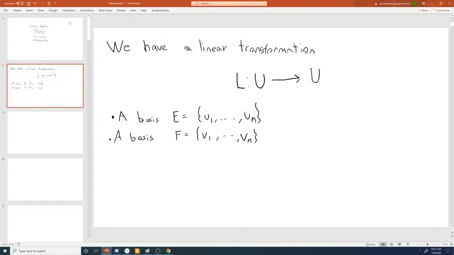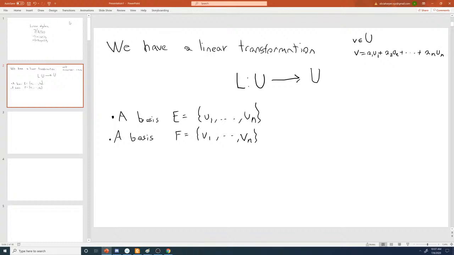And then associated to each of these bases, we can look at the corresponding coordinate vectors. Just to remind you, if you give me an arbitrary vector V in U, we can write it as V equals A1 U1 plus A2 U2 plus and so on up to AN UN.